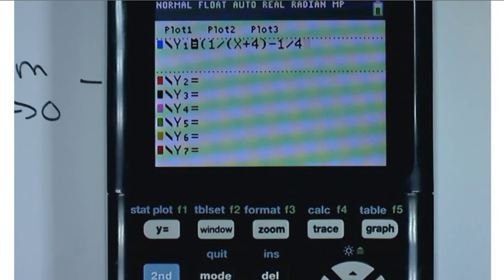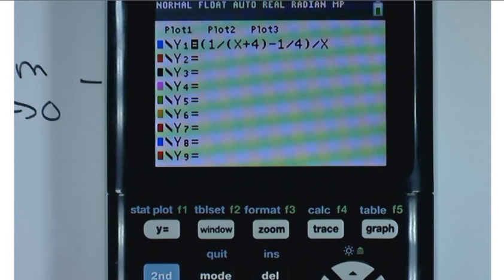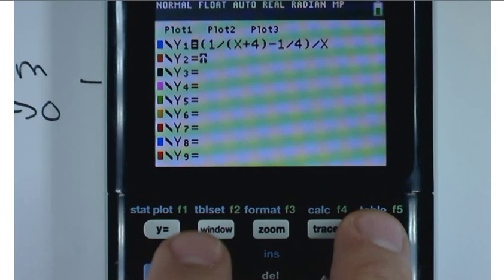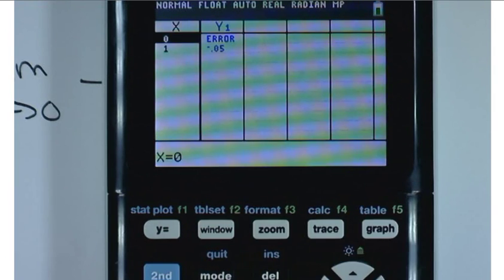You can use 0.25, that works as well, divided by x. All right, from here, let's hit the second key, then the window key, or the graph key, and type in some values that are getting close to, where's our limit?